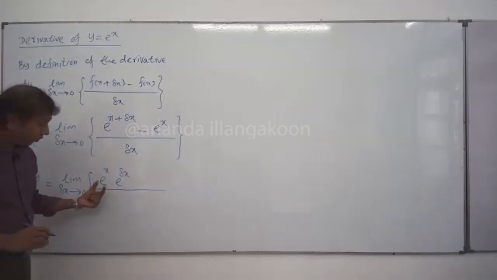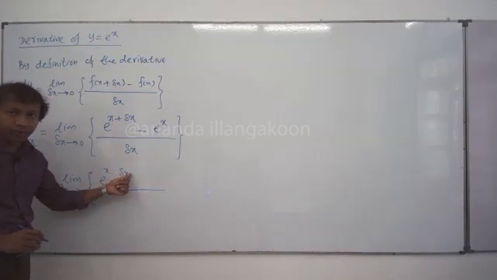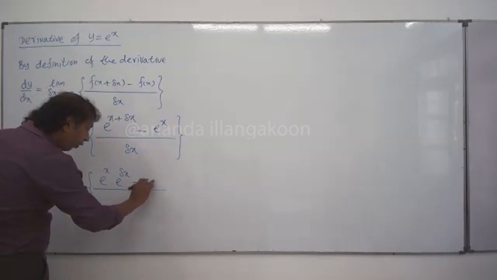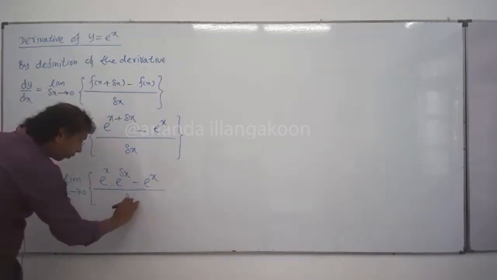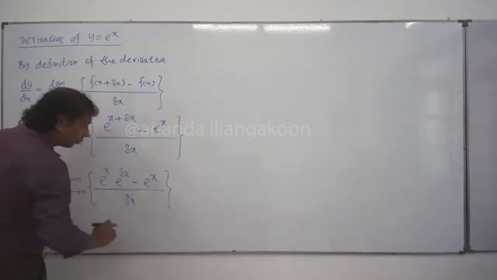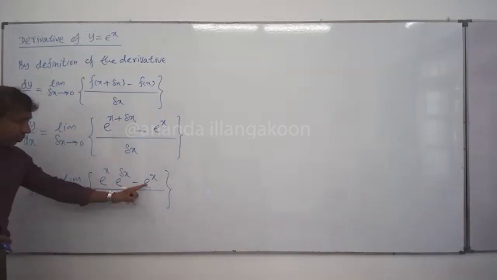Correct, no people? So bases are equal when they are multiplied, the exponents we have to add to simplify this. Then x plus delta x comes in, and minus e to the power x, divided by delta x. Now this e^x is common, people.